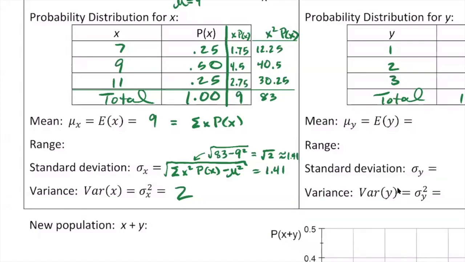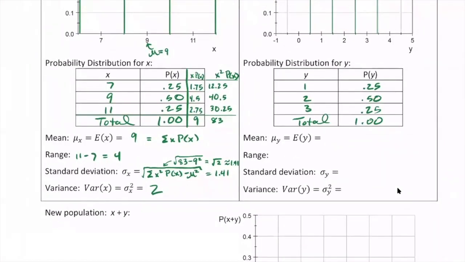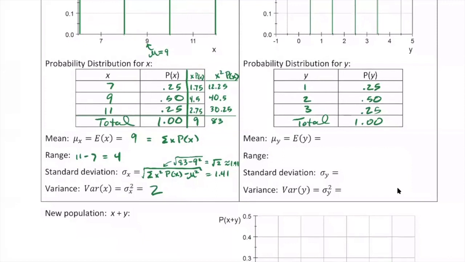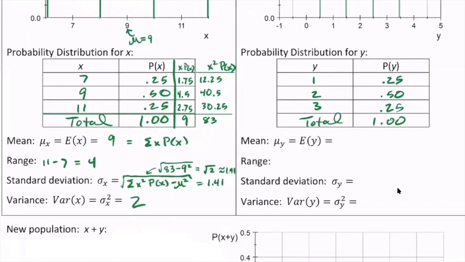So that would be 11 minus 7. Okay, so that has a range of 4. Okay, any questions about that one? Okay, then we're gonna do the same thing for the other variable. Not seeing any questions. Well, I'll just leave it like this for a minute and then I'll zoom in on the other one.